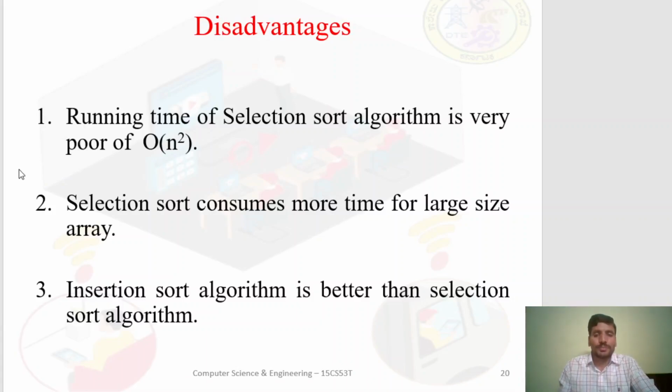algorithm efficiency. So if the data size is large, for example the array has more than 100 elements, then the selection sort algorithm consumes a lot of time, because it is using a nested for loop.